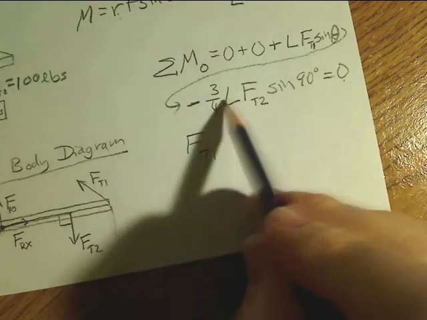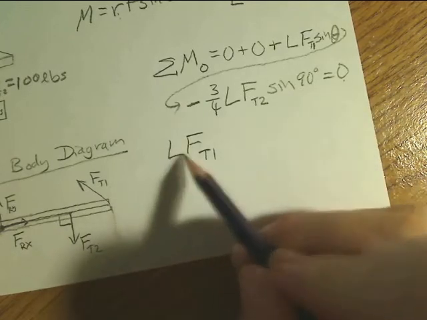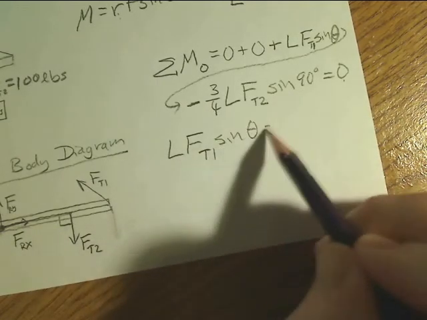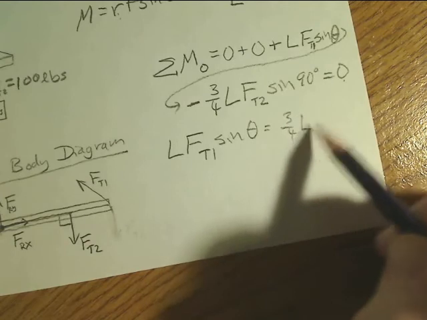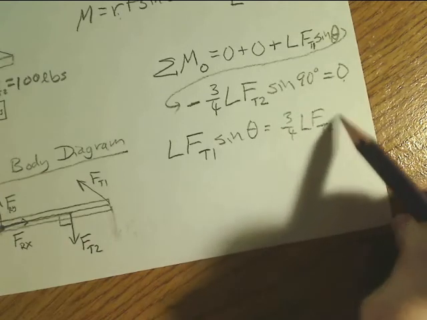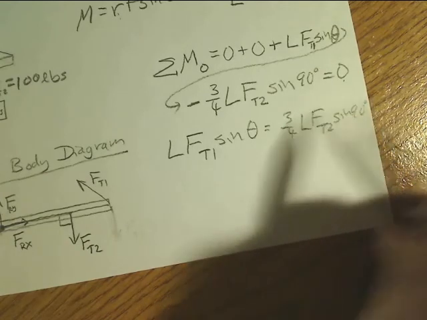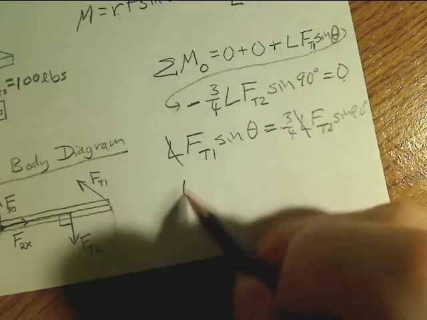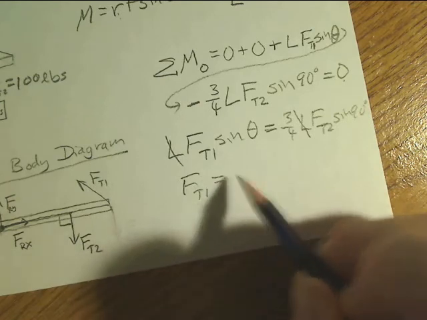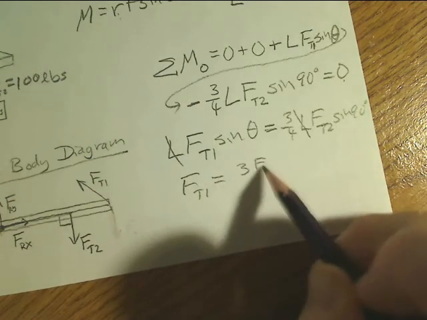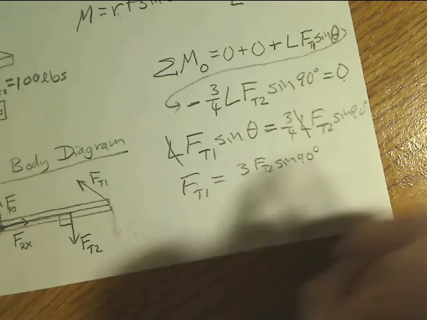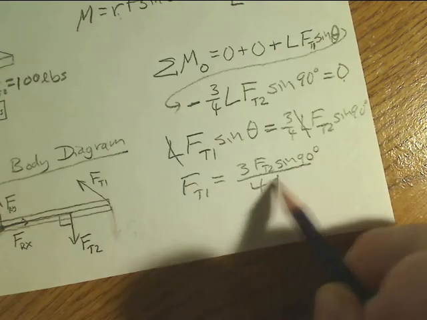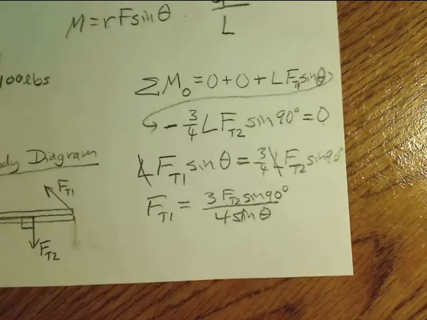To do that, you move this to the other side of the equation so that you get L Ft1 sine of theta equals 3/4 L Ft2 sine of 90. The L's go away, so Ft1 equals 3 Ft2 sine of 90 degrees divided by 4 sine of theta.